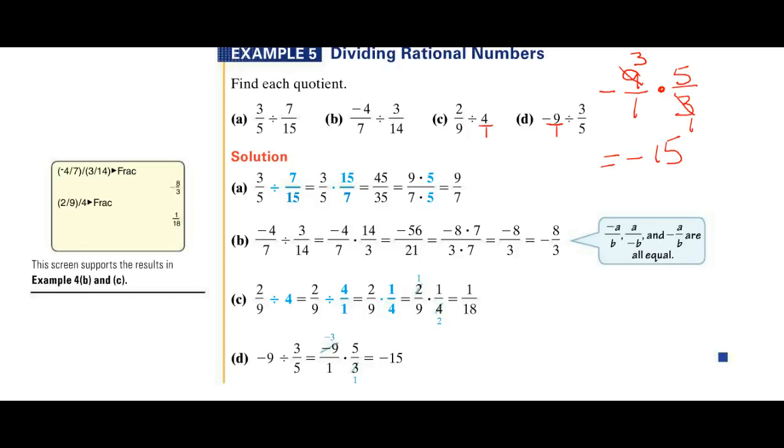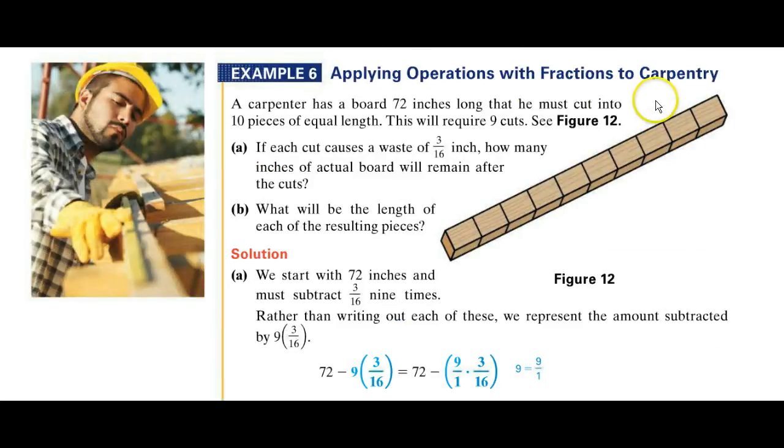Now we're going to put all of our skills together as we have this carpenter who has a board that is 6 feet long, which is 72 inches. He must cut it into 10 pieces of equal length. This will require 9 cuts. Again, a diagram may help you.